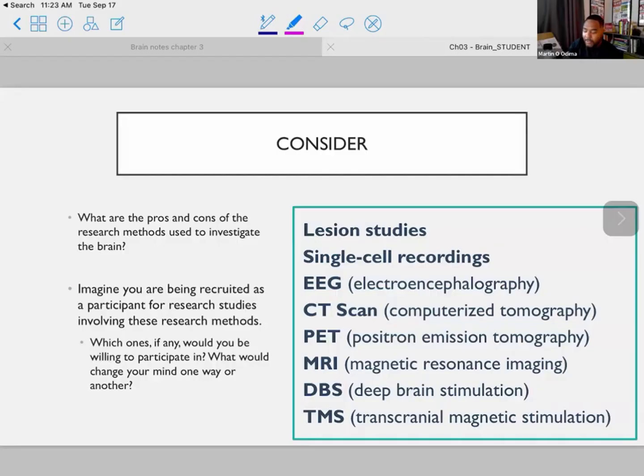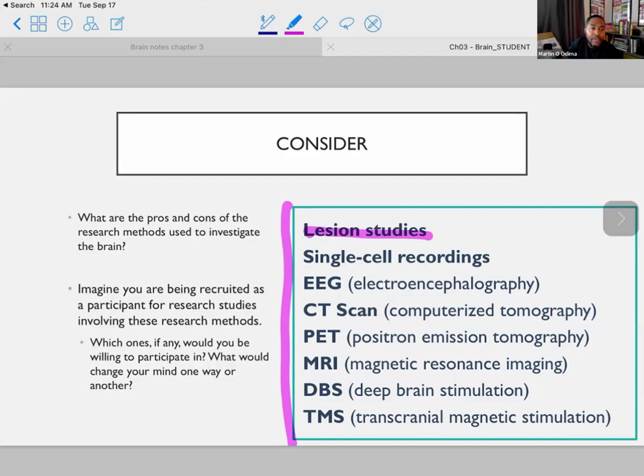Remember that there are different kinds of measurements and strategies like lesion studies and single cell recordings, but you also have the EEG, CT scan, PET scan, MRI, DBS, and TMS. Those are all different ways to measure brain activity and look at brain structures, and there are pros and cons of each. So what are the pros and cons of using each?